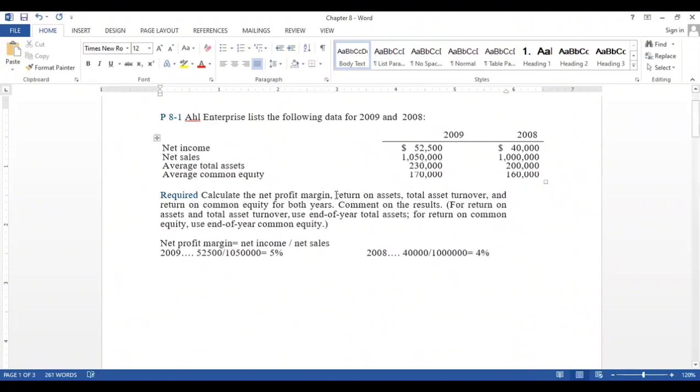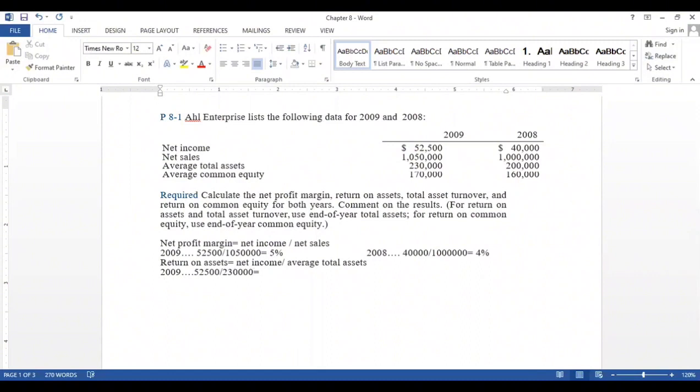Our second requirement is to calculate the return on assets. The formula to calculate the return on assets is net income divided by average total assets. So for 2009, our net income is the same 52,500 divided by average total assets, which are equal to 2,30,000.